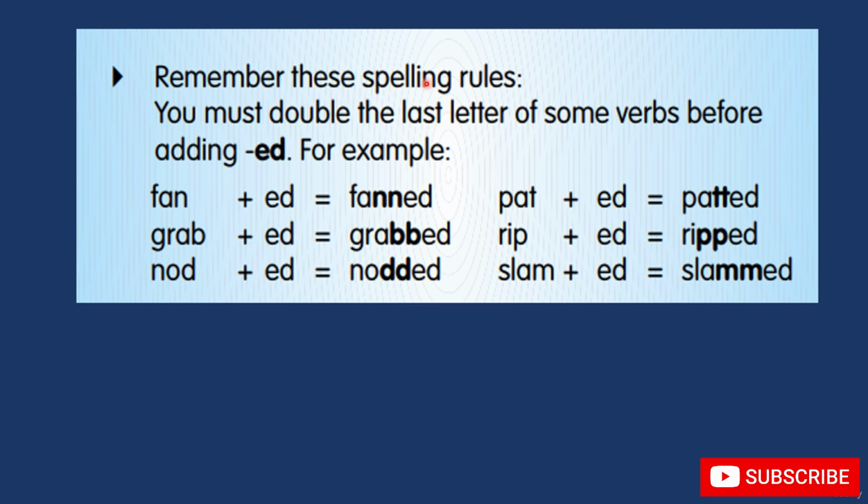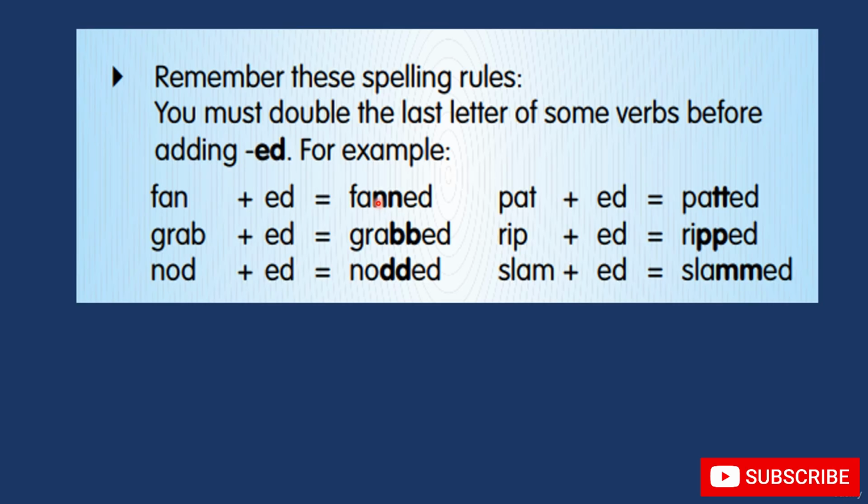Remember these spelling rules. They are very, very important. You must double the last letter of some verbs before adding ed. For example, when I say fan, here I add ed, so it will be fanned, but we write f-a-n-n-e-d. What is the rule in that?